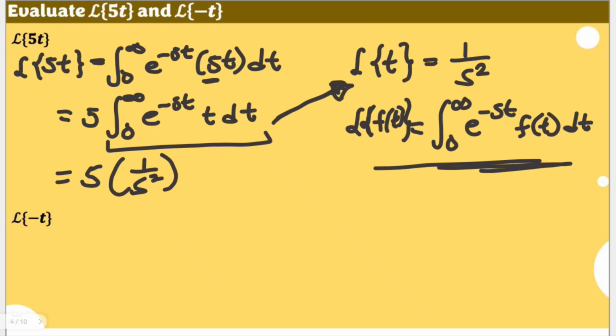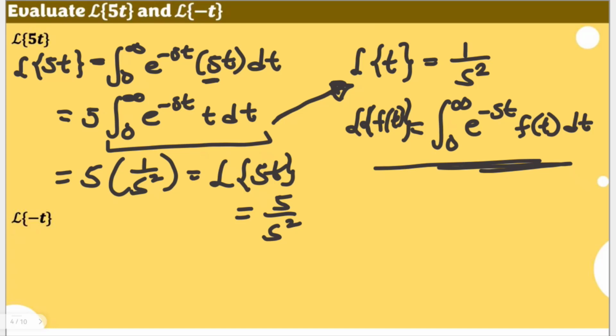In short, the Laplace transform of 5t is just equal to 5 over s squared. We are also going to generalize it later for the rest of the examples.